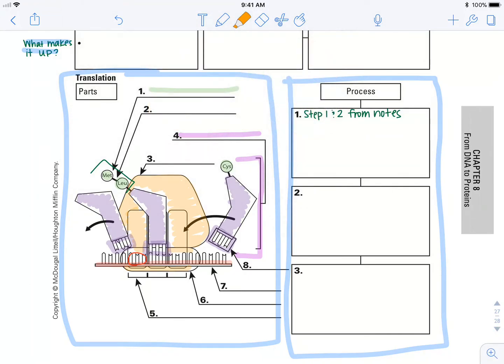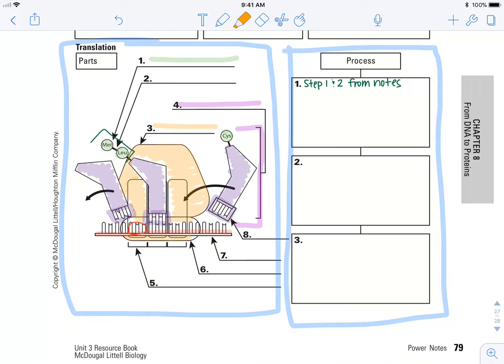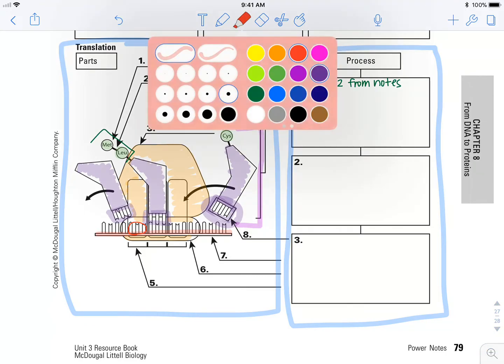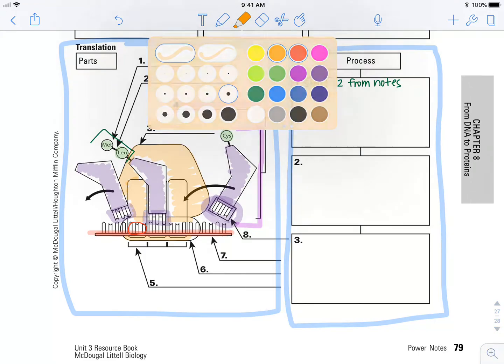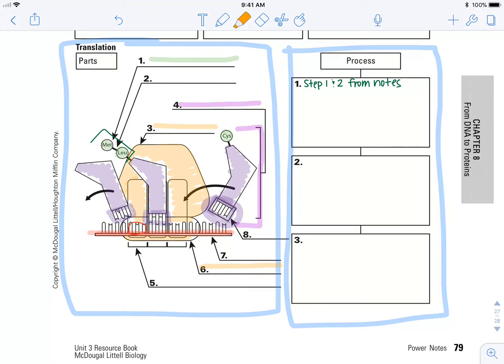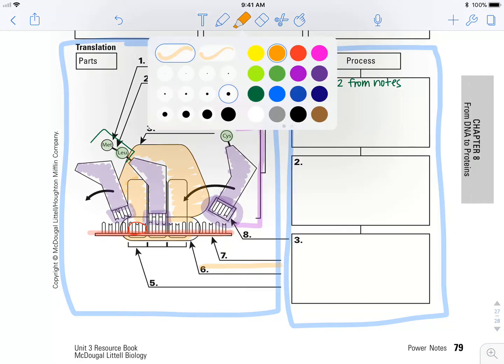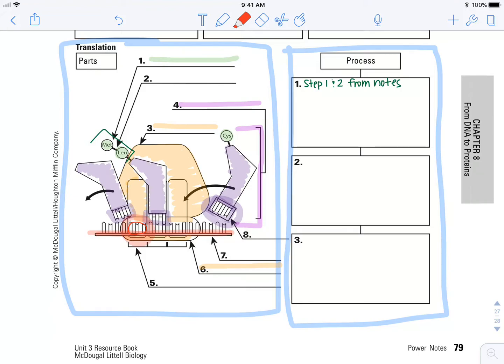Part 3 is pointing to the orange blob. Part 8 is focused on those 3 bases right there. Part 7 is focused on this entire strip. Part 6 is also focused on the orange blob. And part 5 is focused on these 3 bases here.